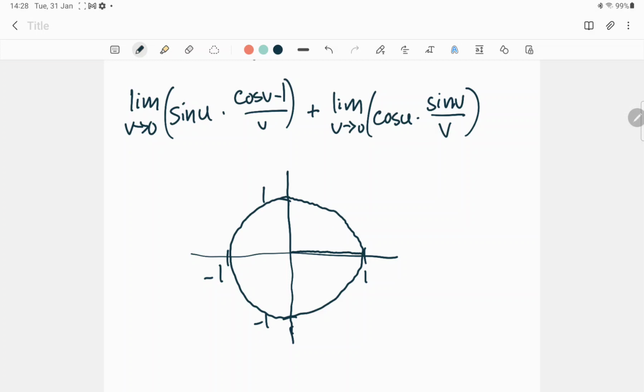For this triangle, no matter how it looks, whatever it looks like, the hypotenuse, the longest side, will always have a value of 1.